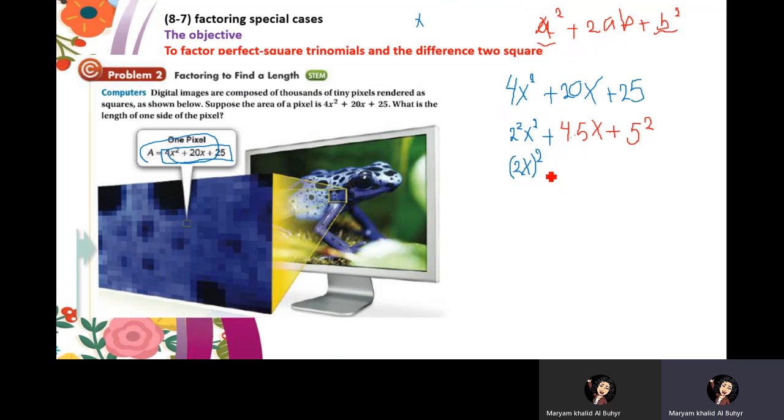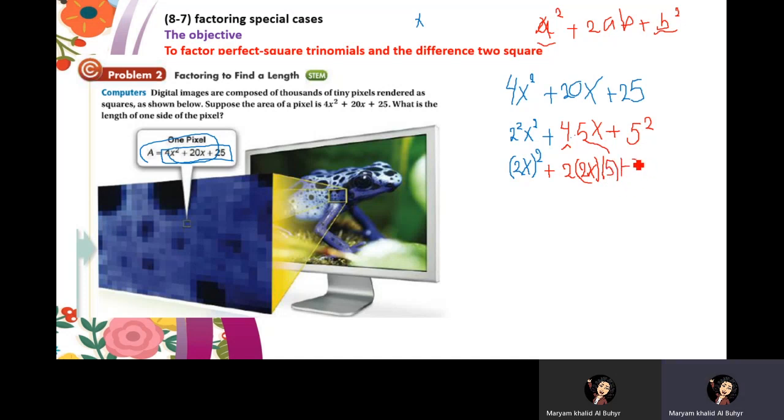Let me factor this more. So once you factor this more, this is 2, right? I can change the order also. I can say 2 times. I will write the 2 beside the x because that's what I need here. And then I will write my remaining thing, which is the 5 here.